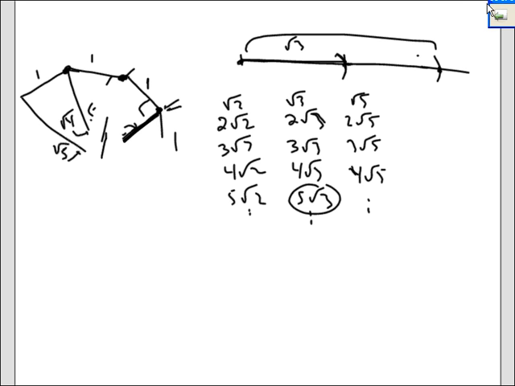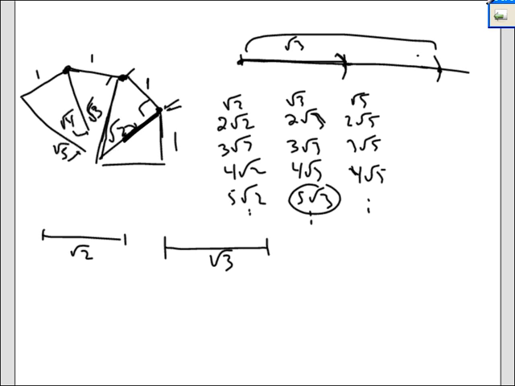After all, there it is. That's square root of 3. And I said a number of times that I can draw the square root of any number. Okay, so for argument's sake, this is square root of 2, this length, and that's square root of 3.